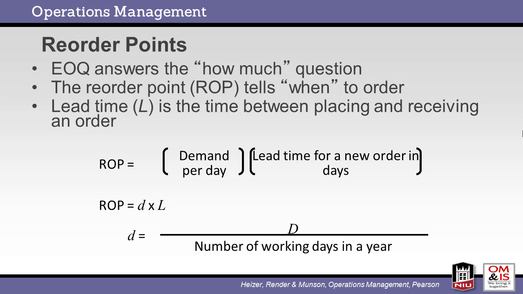The reorder point calculation is demand per day times the lead time in days. Note here again that the time frame must be the same. Both values must be in terms of days. The equation may also be expressed as ROP equals demand D divided by the number of working days per year times the lead time in days.